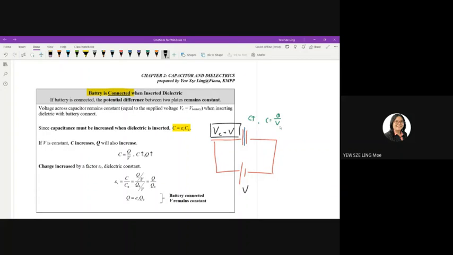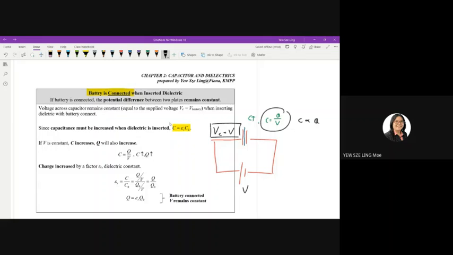Now when V is constant, looking at this equation, C is directly proportional to Q. This is the only time where C depends on Q or V, when you are playing with a dielectric, which means you are changing the physical structure of the capacitor. Otherwise, Q and V won't affect your C. C has nothing to do with Q or V if you keep the same physical structure and do not modify the capacitor.